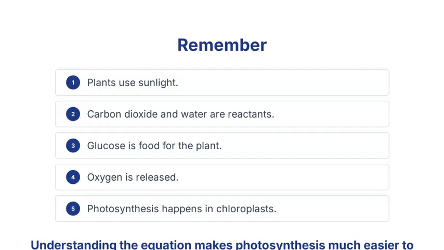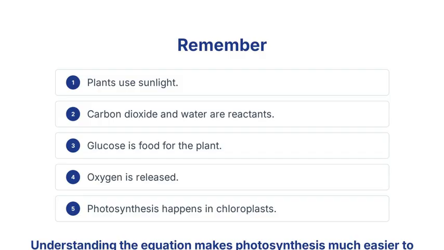Okay, so at the end, just remember plants use sunlight. They don't eat plants. They don't go scavenging for berries, but they take in CO2 and water. They get the water from the roots and the CO2 from the air, and then glucose is food for the plant.